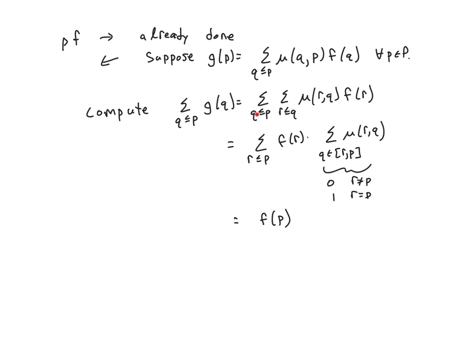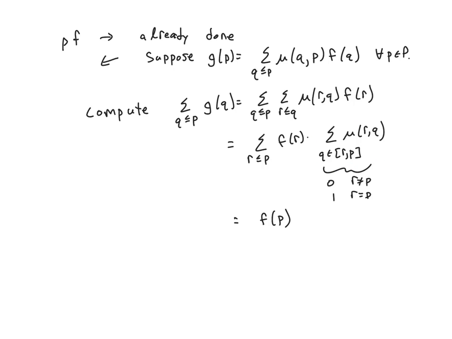But again, similar to what we did before, it turns out you can do a change of summation trick. If you change the order of summation, then you're summing over all r less than or equal to p, and then over all q in the interval rp. And then when you do that, f of r no longer depends on q, so you can factor it out like so, and you get this summation.